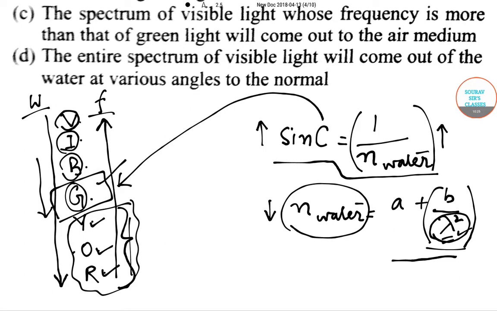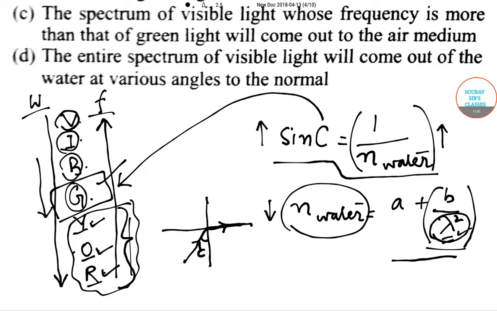And we have already seen that the green light is just getting this pathway after refraction. That is, this is the critical angle of green colored light. So, in case of yellow, orange and red colored lights, this critical angle will be greater.